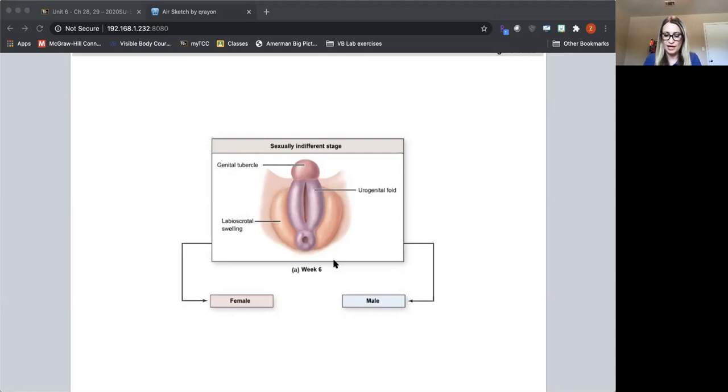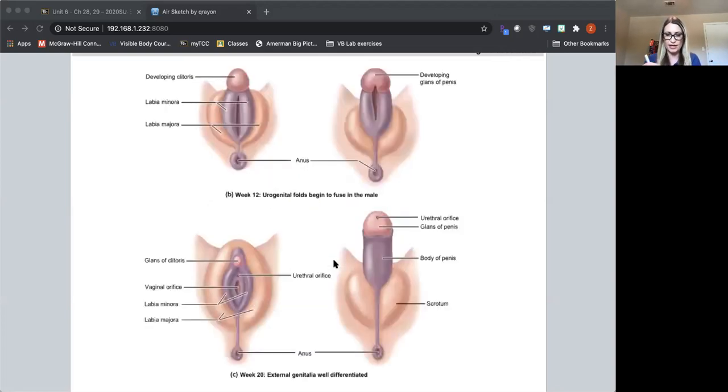Okay, and then as we get a little later on into the pregnancy of week 12, they still look pretty similar. So you see that in a female, this part of that genital tubercle that we saw on the previous picture is the developing clitoris, and in males that part will develop into the glans of penis.